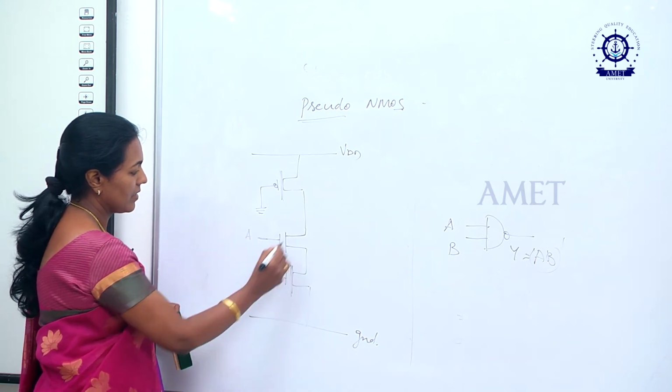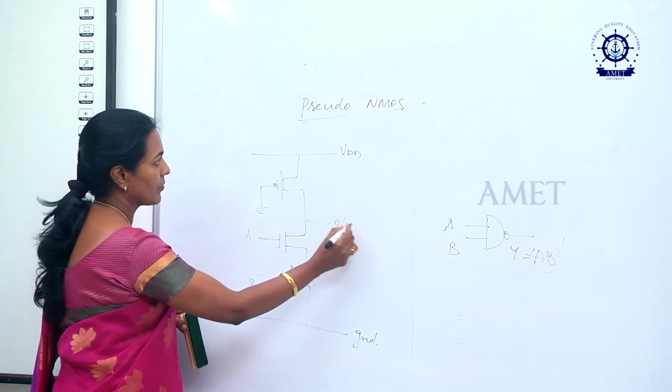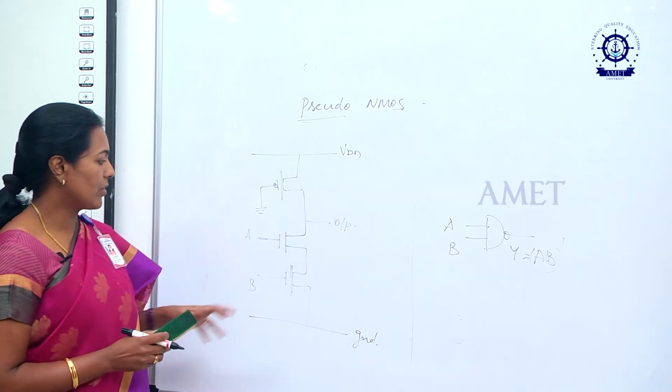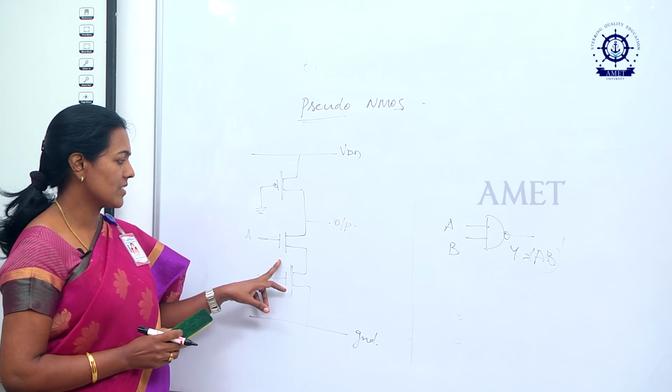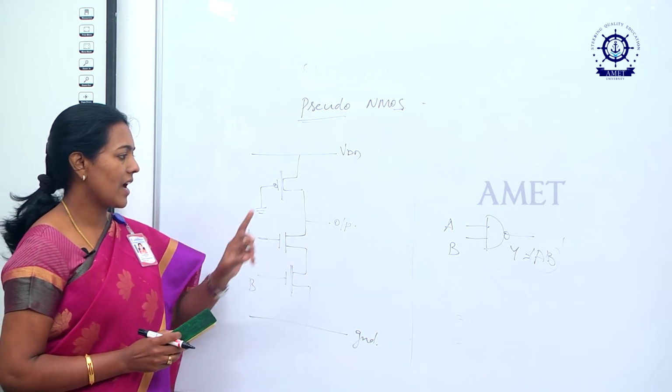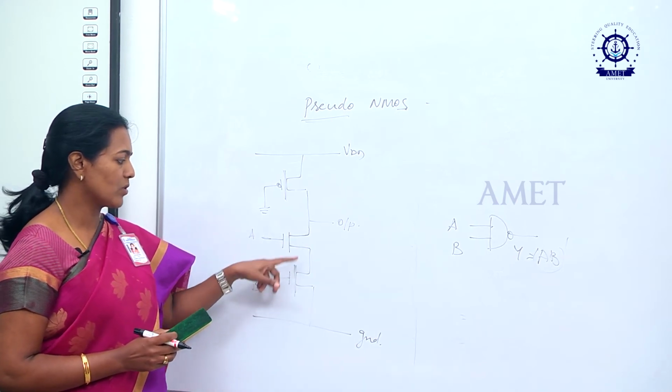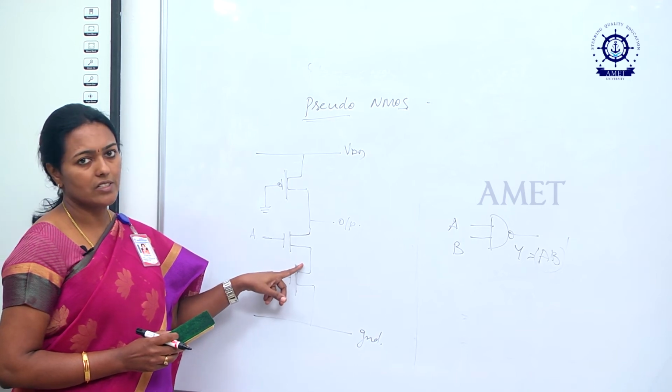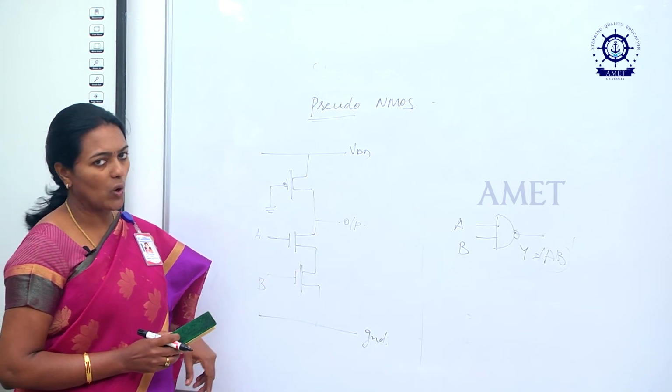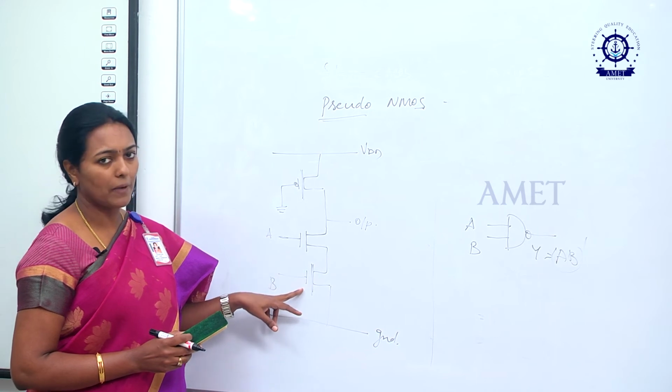A, B, and this is the output. So, if you look at the structure of the transistors, you can see that for AND or NAND operation, both transistors will be connected in series. If it is for NOR, both have to be connected in parallel.